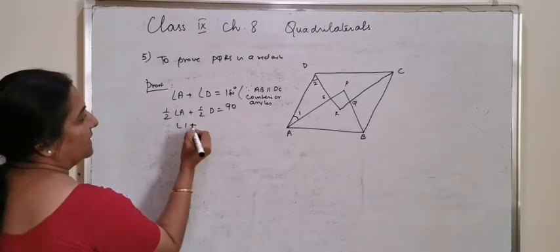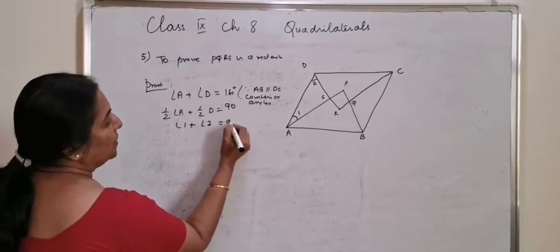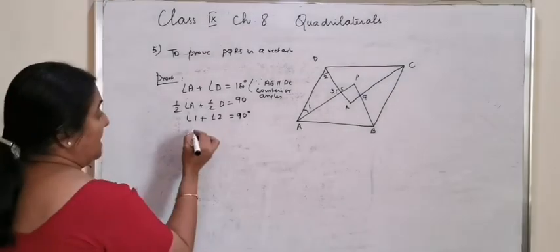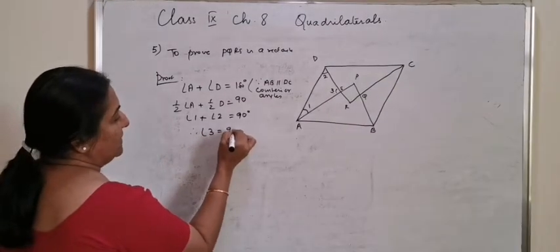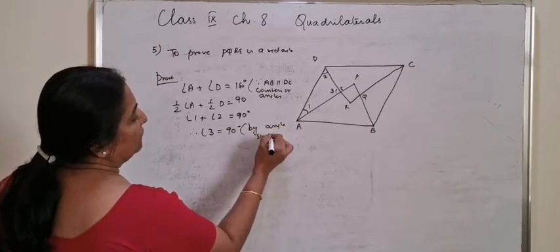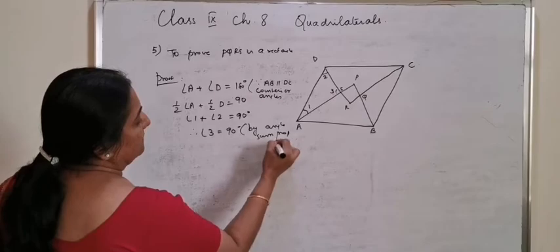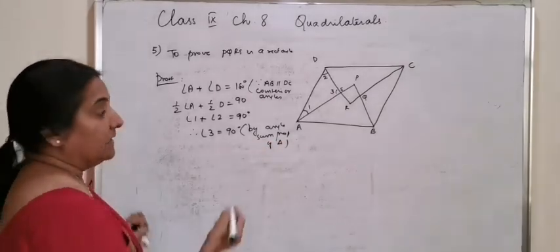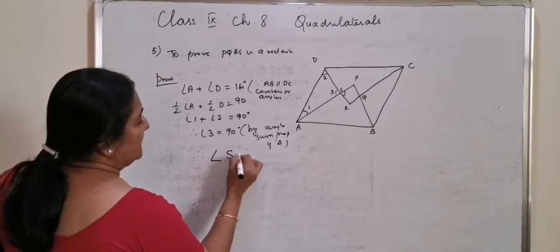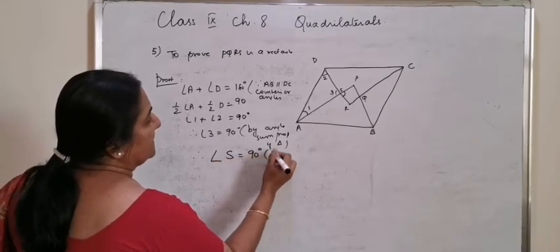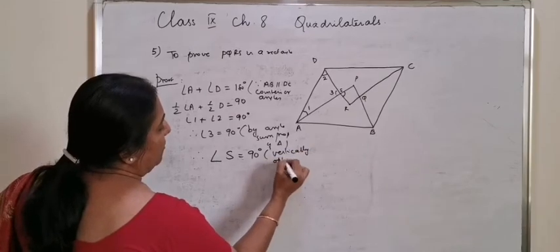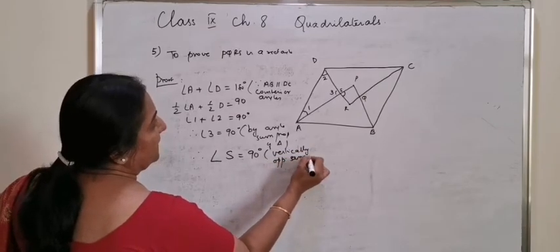That is, angle 1 plus angle 2 is equal to 90 degrees. Therefore, angle 3 is equal to 90 degrees by the angle sum property of a triangle. Therefore, angle S is equal to 90 degrees by vertically opposite angles.